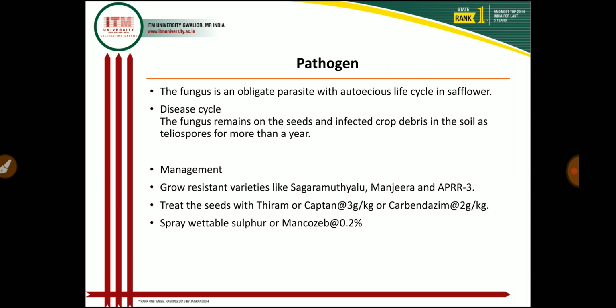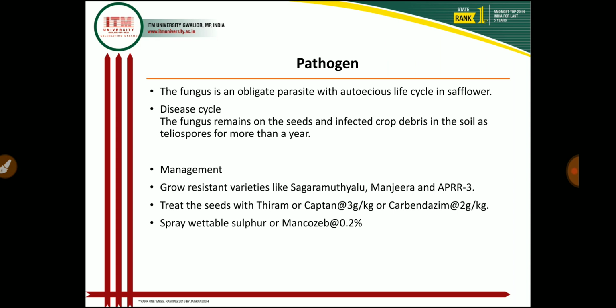And sometimes collateral hosts such as Carthamus oxyacantha also serve as the primary source of the inoculum, and secondary spread occurs through windborne urediospores. Then in favorable conditions, if temperature is 20 to 25 degrees centigrade and relative humidity is 75 to 80%, these conditions are favorable for development of the disease.